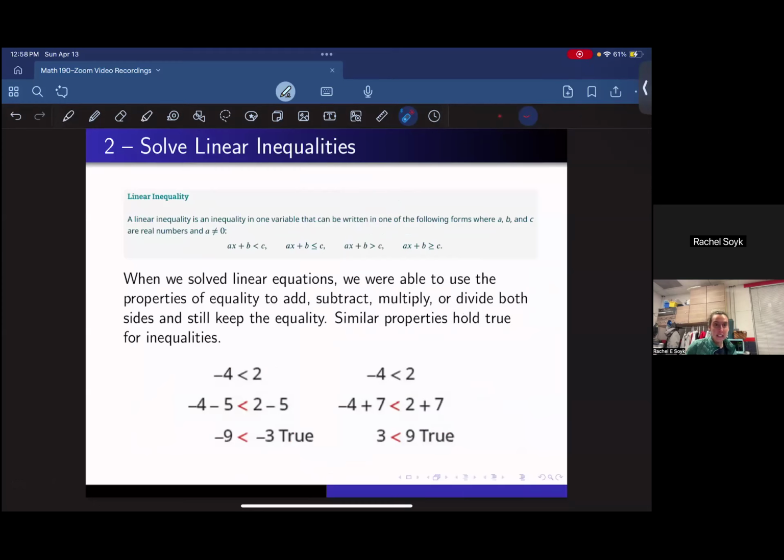Okay. Our second objective for today, we are going to learn how to solve linear inequalities. So same exact concept, it's just now we're involving a variable. Most commonly, our variable is going to be x.